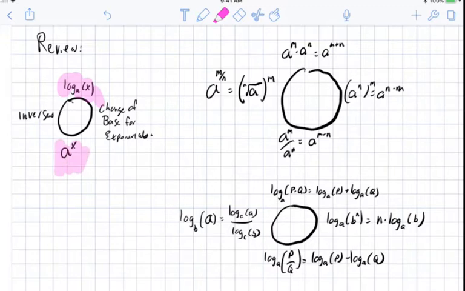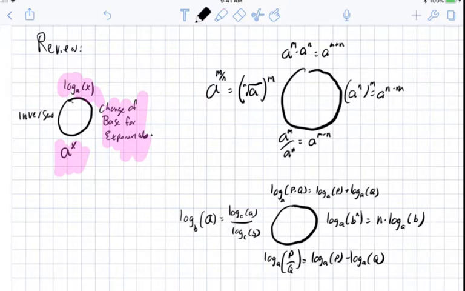Acknowledging that they're inverses actually opens up a whole new set of skills. One of them is the change of base formula for exponentials. I'm now not stuck in any particular base. Any exponential I have can be rewritten in terms of any base I want. If I only care about the natural base e, I can write any exponential function in terms of base e, right? Do you see what I'm saying?